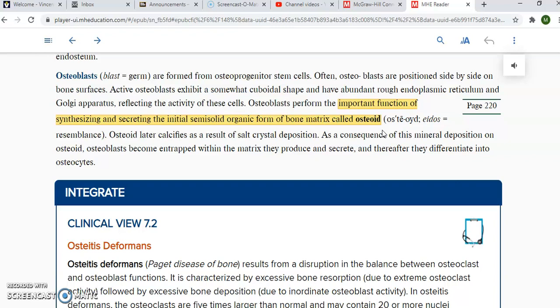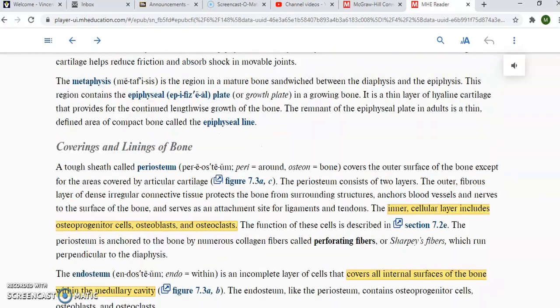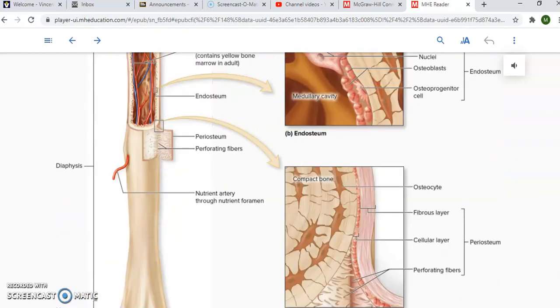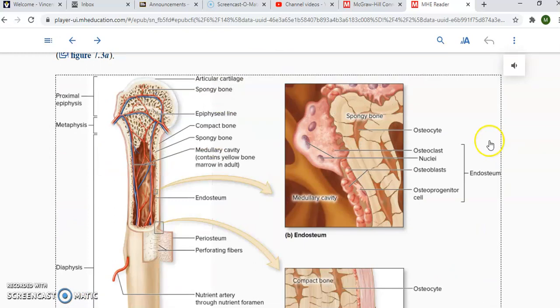There are other molecules too, but collagen's the primary one. That's what the osteoblasts do. They synthesize, that means produce, and then secrete this organic part of bone, which we call the osteoid. So we'll go back to our picture. This little osteoblast is going to produce the osteoid around it, again, which is primarily collagen fibers.